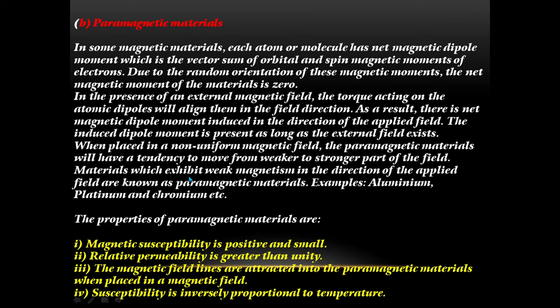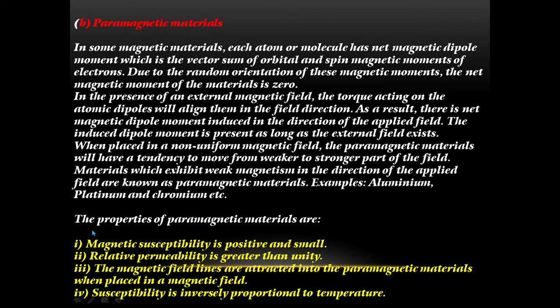Examples: aluminum, platinum and chromium, etc. This example is very important for your objective type questions. Aluminum, platinum and chromium are examples of paramagnetic materials.